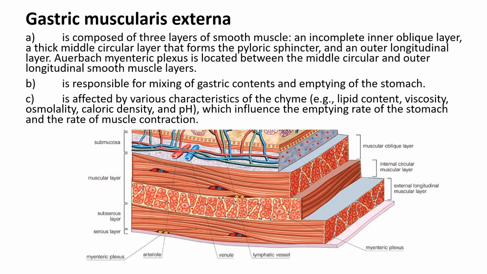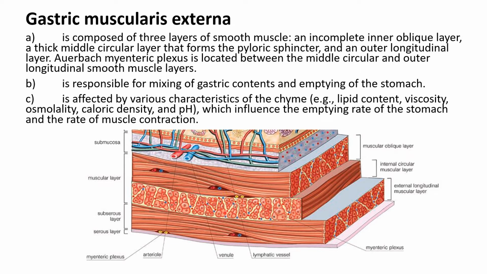This circular layer of smooth muscle is responsible for the formation of the pyloric sphincter, and it is followed by the outer layer of longitudinally arranged smooth muscles.